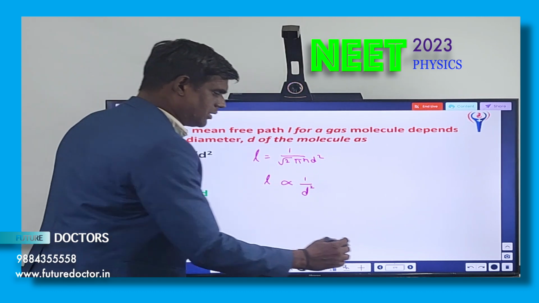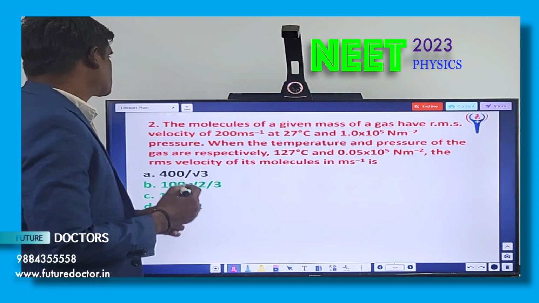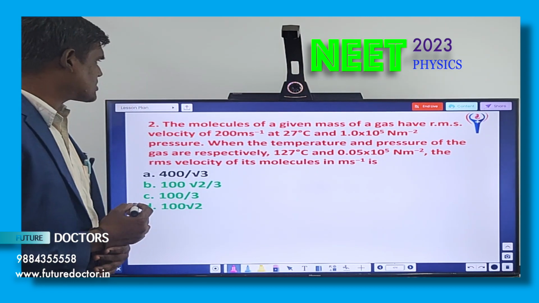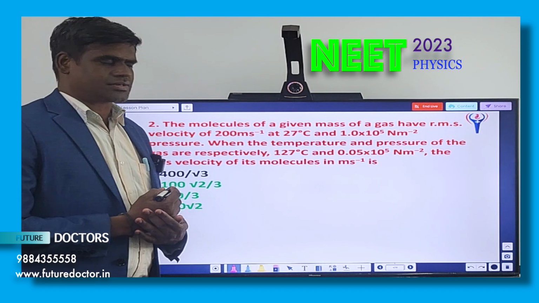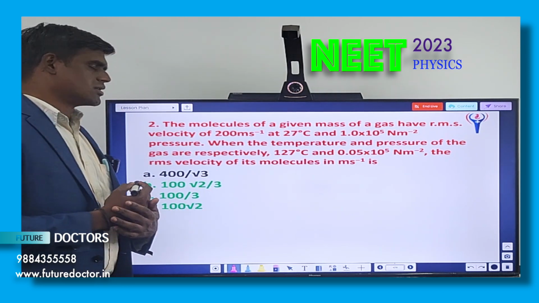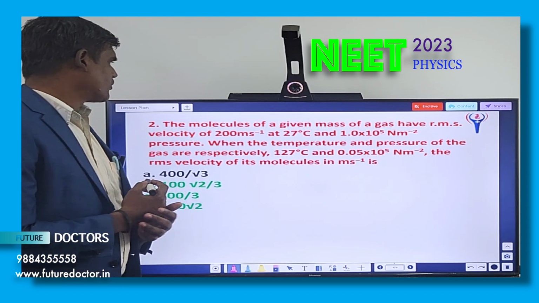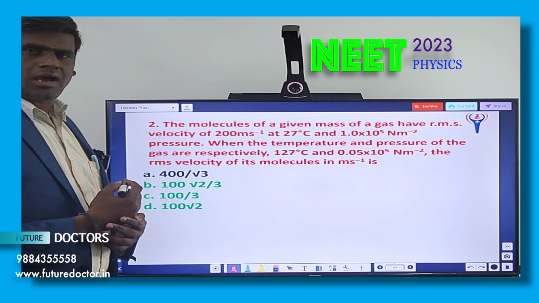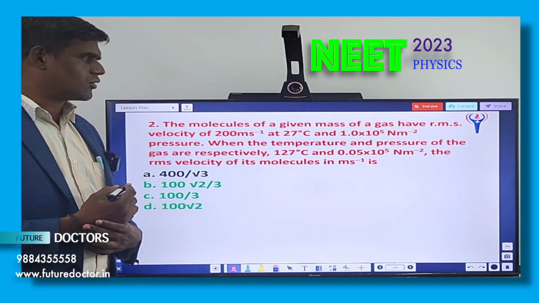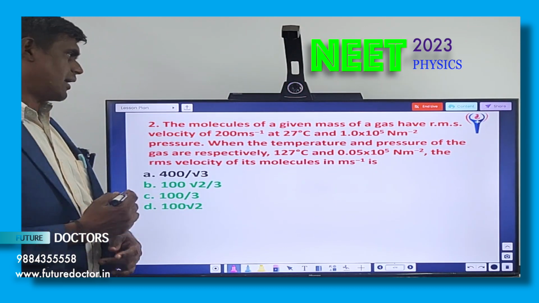Let's move to question number 2. The molecules of a given mass of a gas have RMS velocity of 200 meter per second at 27 degrees Celsius and 1.0 into 10 power 5 Newton per meter square pressure. When the temperature and pressure of the gas are 127 degrees Celsius and 0.05 into 10 power 5 Newton per meter square, the RMS velocity of its molecule is dash.